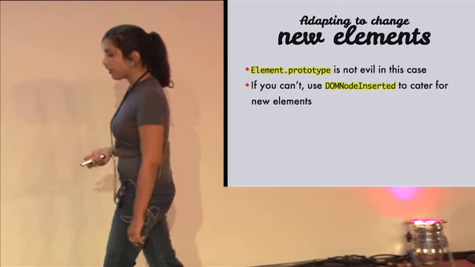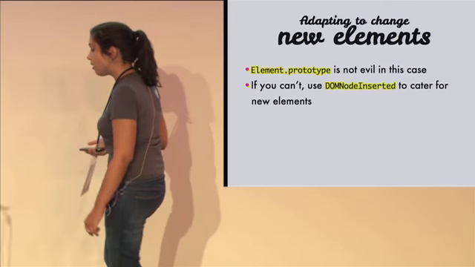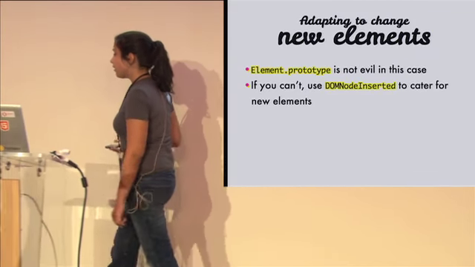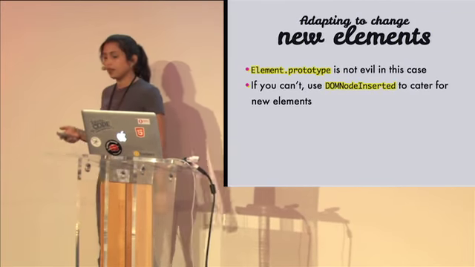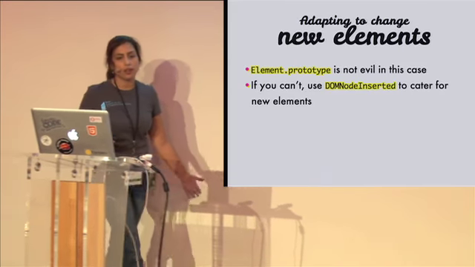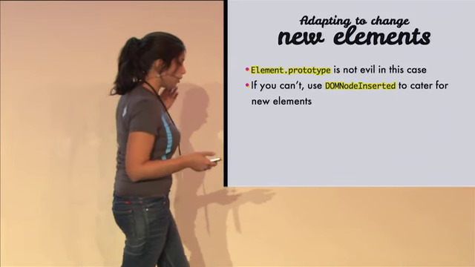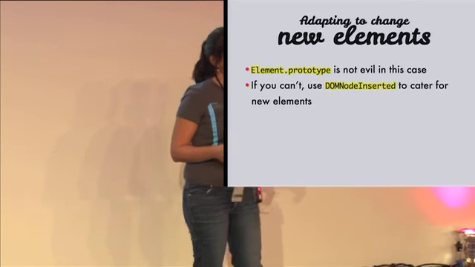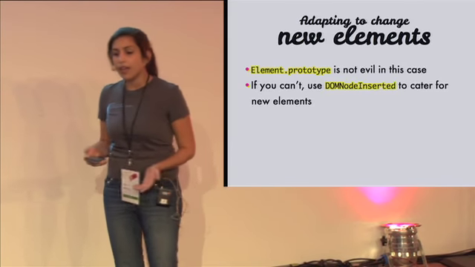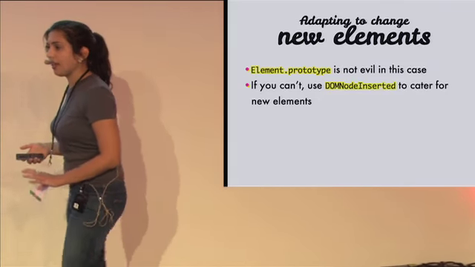You probably have heard that modifying host objects is evil, but in this case, you're not adding functions that weren't there. You're adding functions that should be there, and everyone, no matter how passionate they are about not modifying host objects, agrees that this is a legit case of doing that.